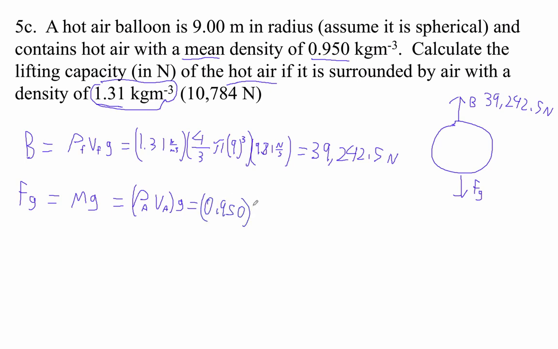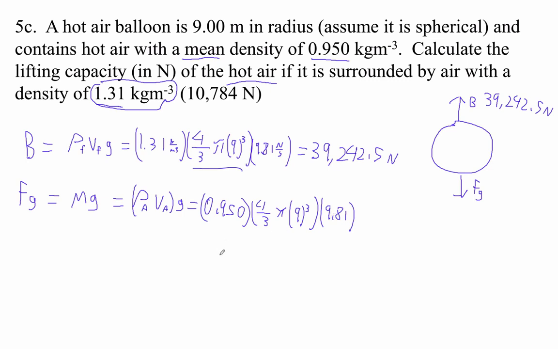So that equals 0.950. The volume of the air is the same as this volume here, so 4/3 pi times 9 to the third. All right, do I have enough parentheses? That's my main worry here. 9.81. Okay, there we go.